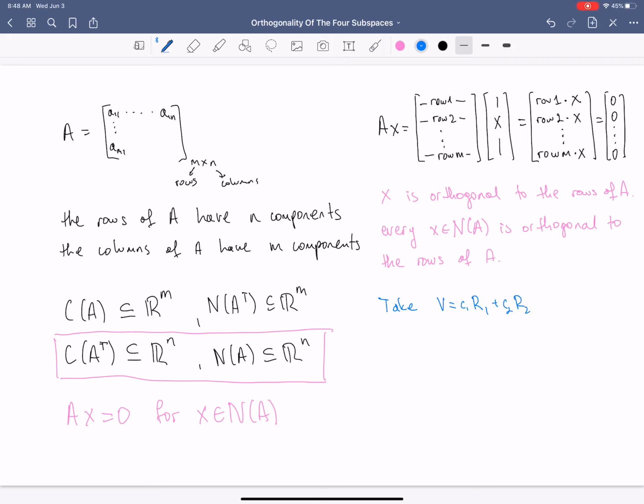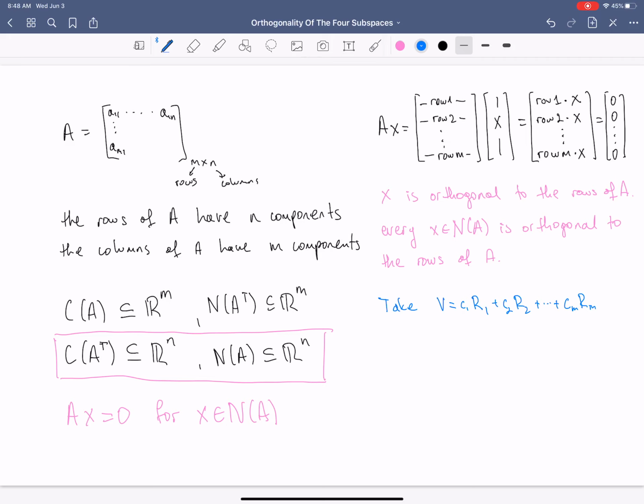And think of rows as column vectors, plus cM row M. So these are all column vectors, and I take a linear combination. So this means I'm taking a generic vector, an arbitrary vector in the row space of A. So remember, the row space of A is the space of all linear combinations of the rows.